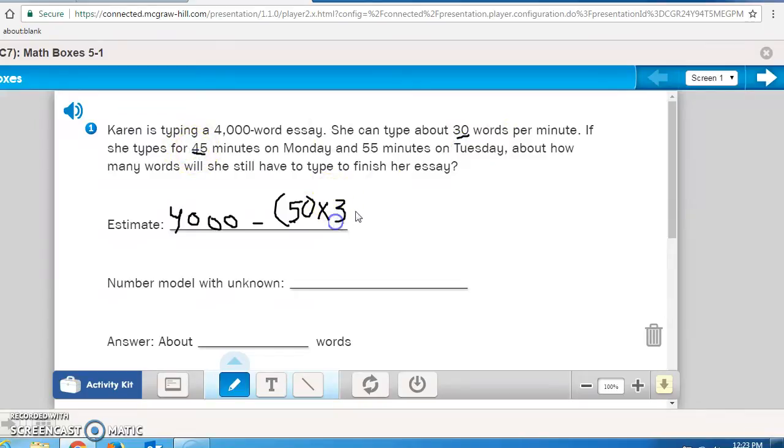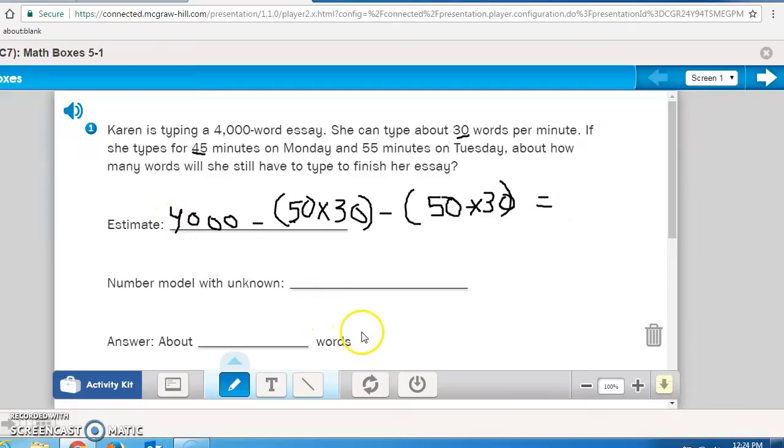I want to show you where I'm getting this from. And then I'm going to subtract 50 again times 30 words per minute. That will give me my answer for my estimate.